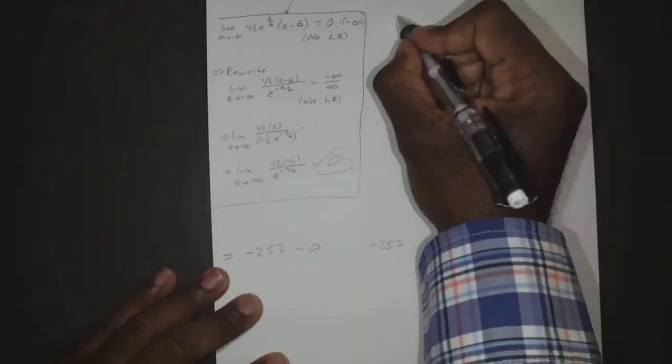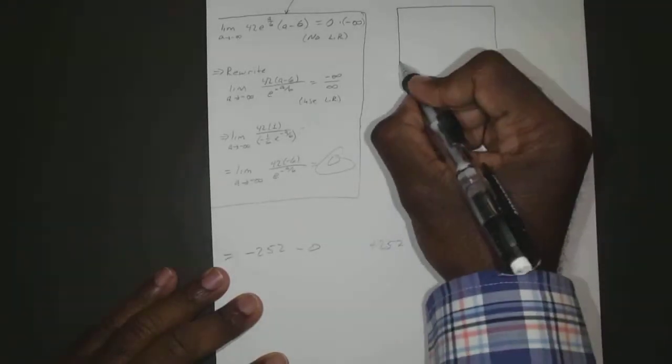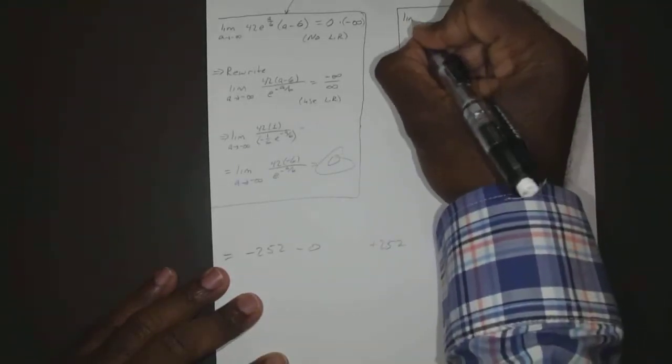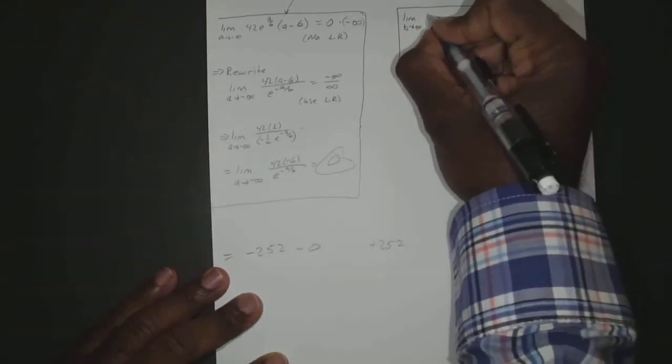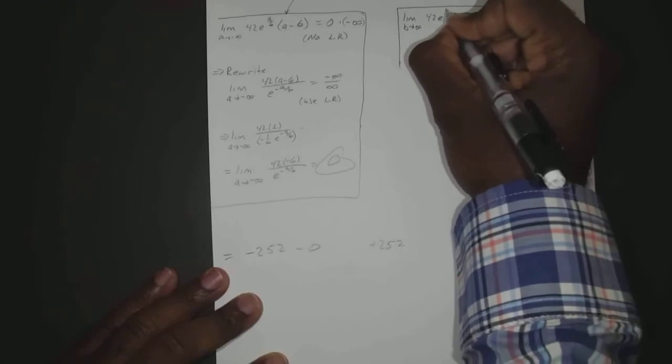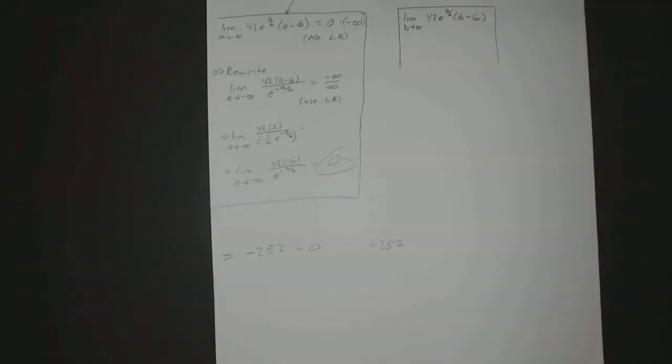And this one's not as bad. You can have one little small box for that one. Because the limit, as b approaches infinity, of 42 e to the b over 6 times b minus 6, is infinity times infinity. You don't have to tweak that for L'Hopital's rule. A big number times a really big number is just a really big number.